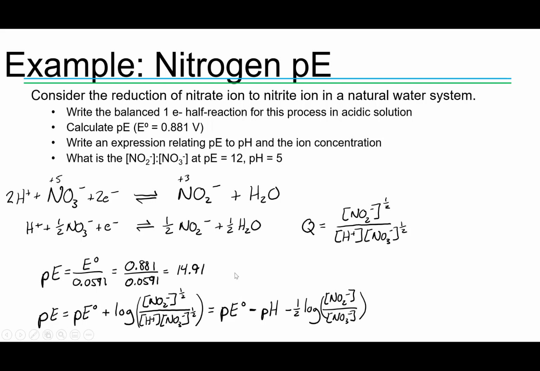From this expression, which relates pE to pH and the ion concentration, we can now evaluate the nitrite to nitrate concentration at a pE equal to 12 and a pH equal to 5.